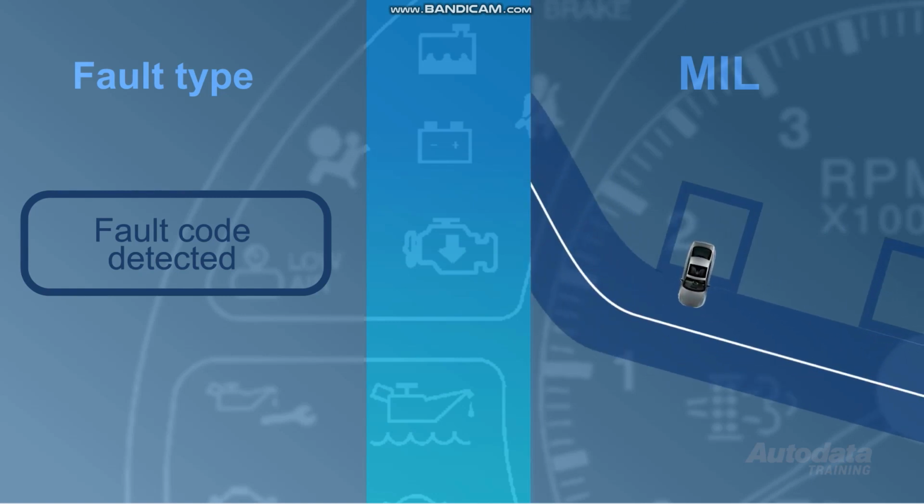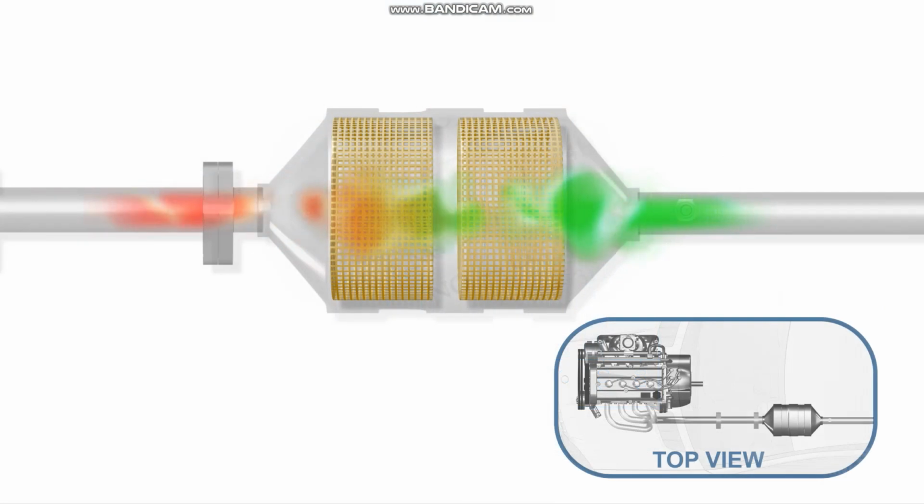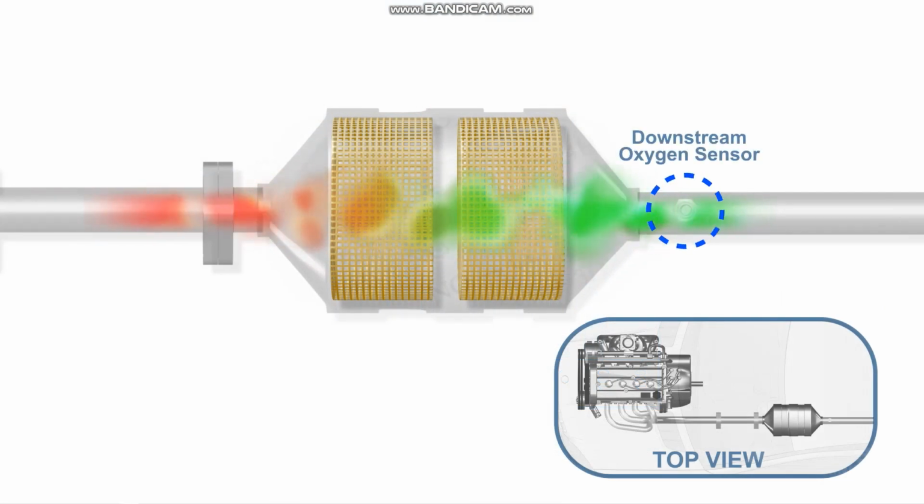Clearing the codes and a quick trip around the block will not allow the readiness monitors to complete, giving you a false indication that the fault has been repaired. A catalyst efficiency monitor is a perfect example. The ECM makes fine adjustments to the injector pulse width under certain driving conditions to see if the downstream sensor reacts.